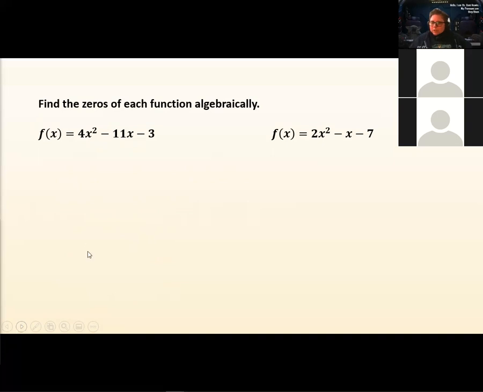I know usually if we see a number here that's greater than 1, we probably want to go to quadratic formula because that's kind of our best friend for everything. But I will tell you that this one in particular does factor nicely. So if we were trying to factor this one, what would our two factors be?